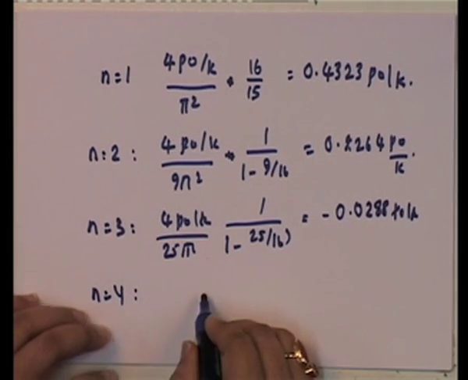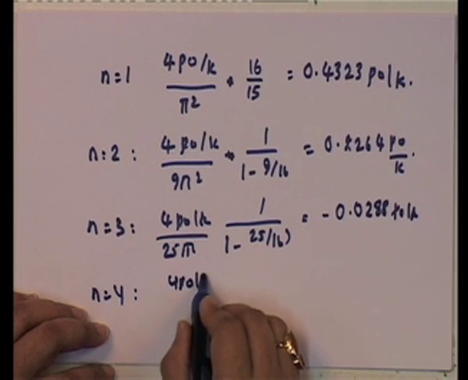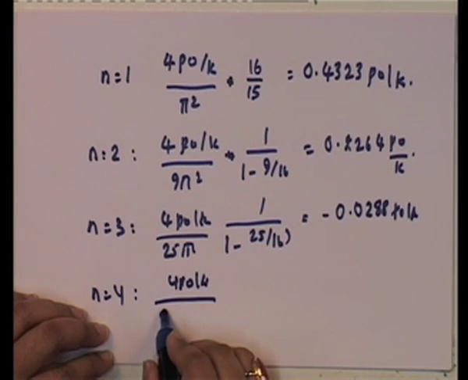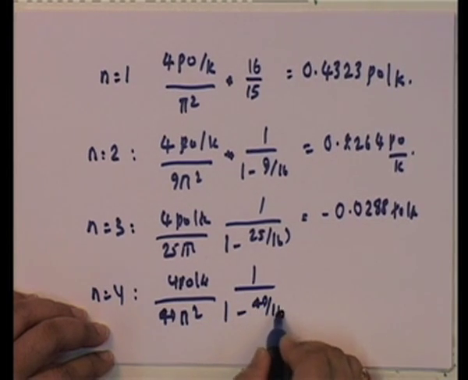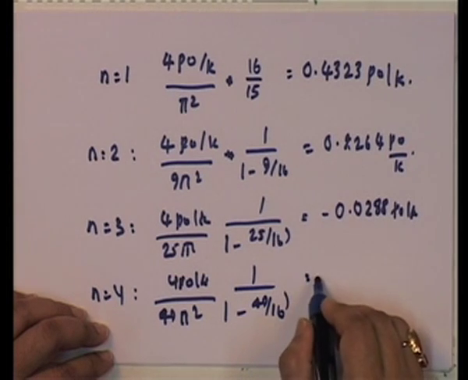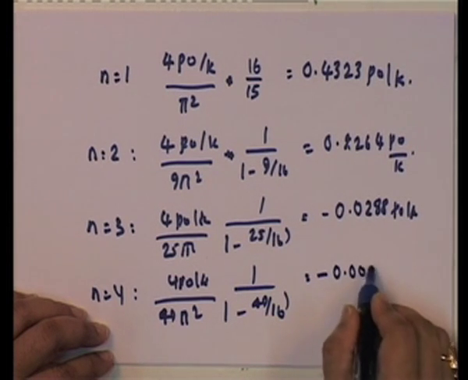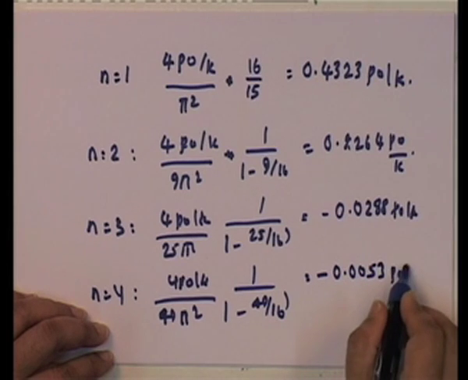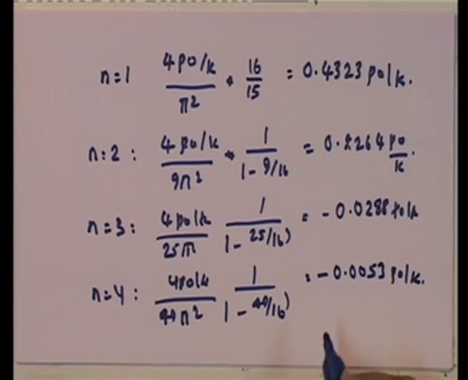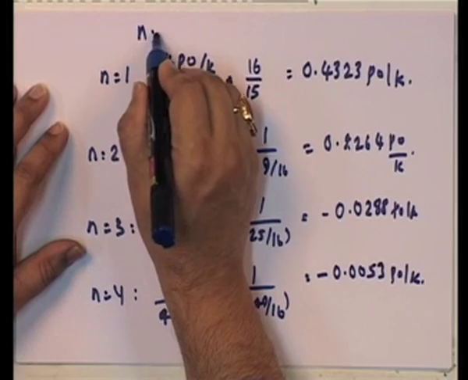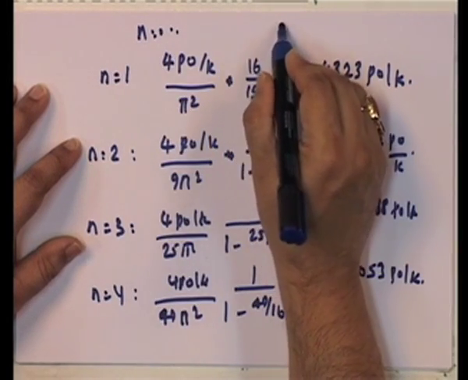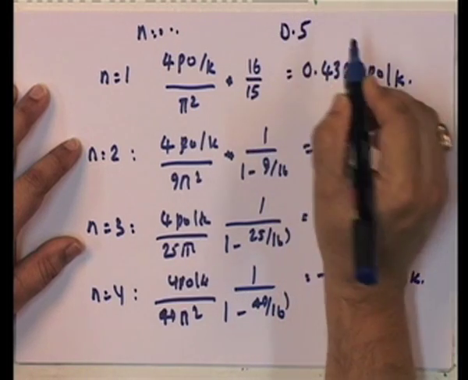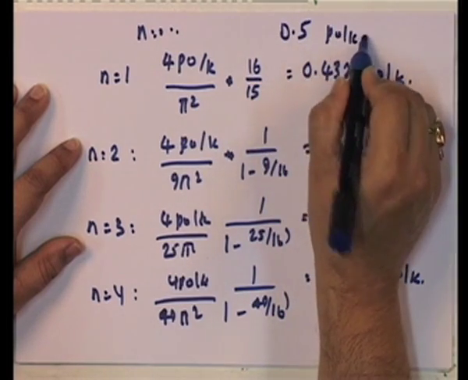By the time you get into 4, you get 4 p naught upon k into 49 by, 1 upon 49 by 16. So, this becomes minus 0.0053 p naught upon k, and n equal to 0 is equal to 0.5 p naught by k.